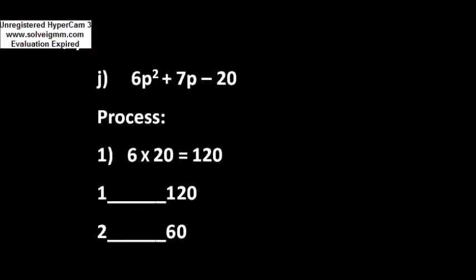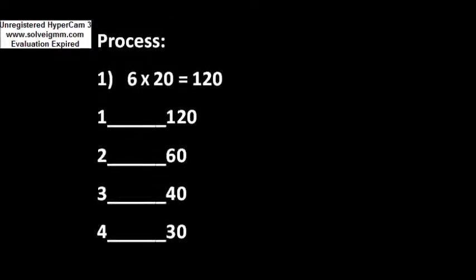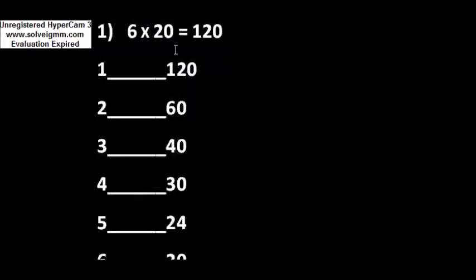So if you add 120 plus 1, it is 121. Then 60 plus 2, 62. Then 40 plus 3, 43. 30 plus 4, 34. 24 plus 5 is 29. 20 plus 6, 26. 15 plus 8, 23.